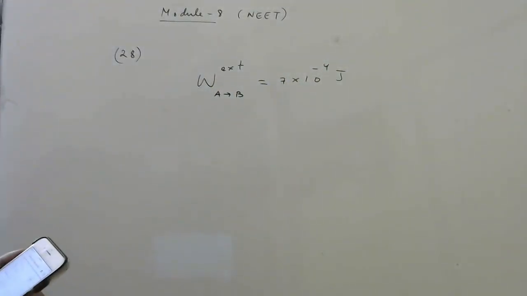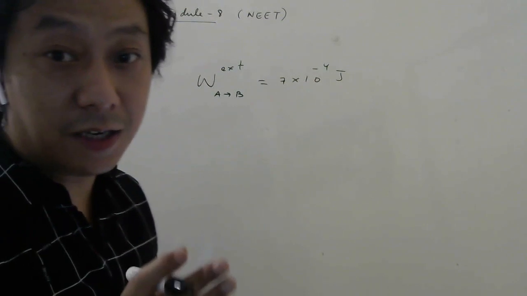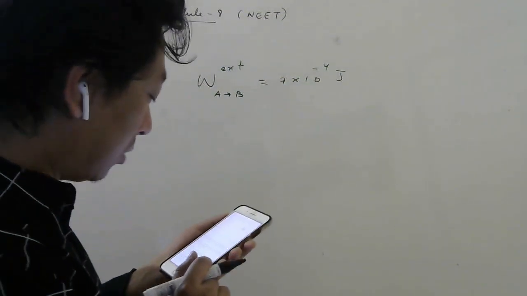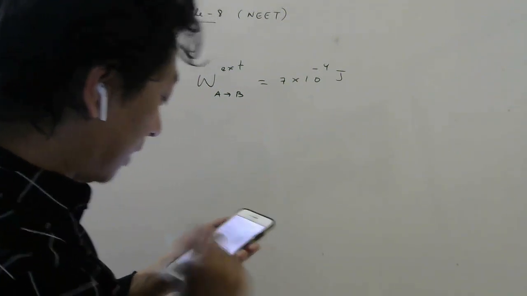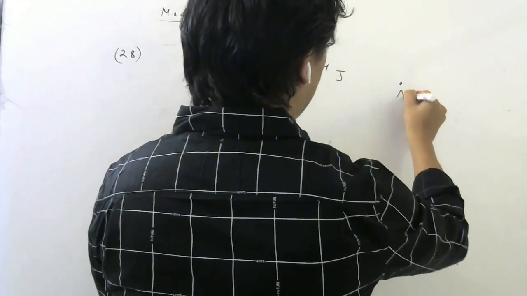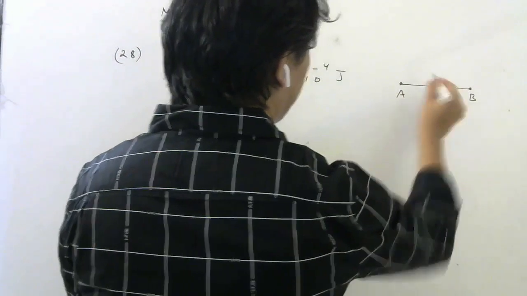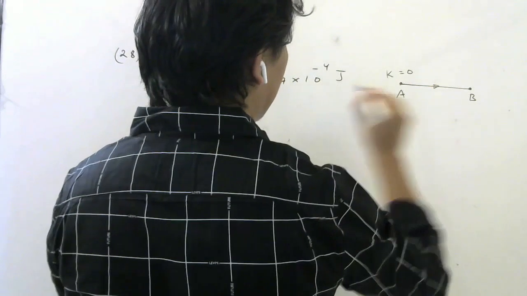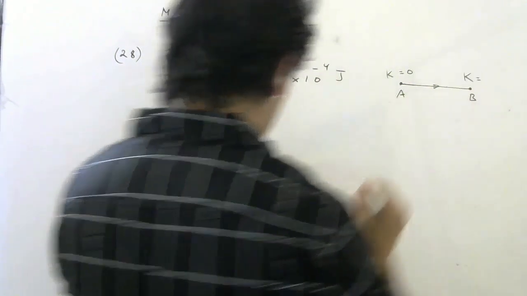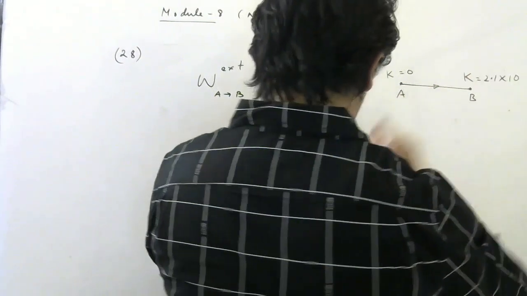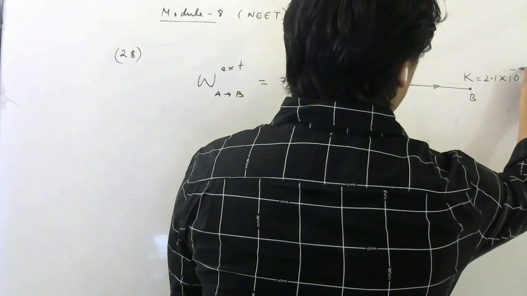If the charge was started from rest, and has 2.1 into 10 to the power minus 4 joules of kinetic energy when it reaches B. So this is point A, this is point B. The charge is going from A to B. Here it started from rest, so velocity here is 0 or kinetic energy here is 0. Kinetic energy here they have given 2.1 into 10 to the power minus 4 joules.